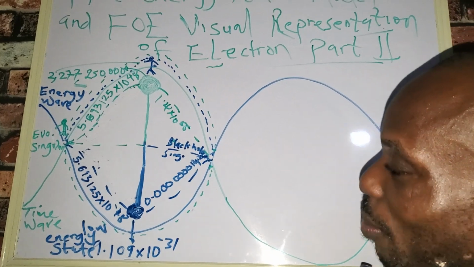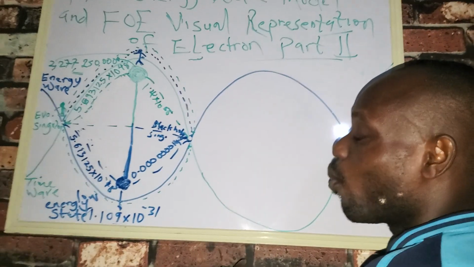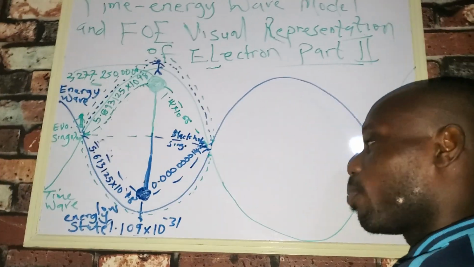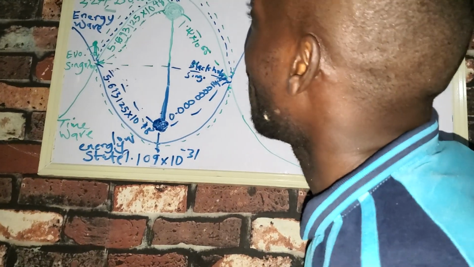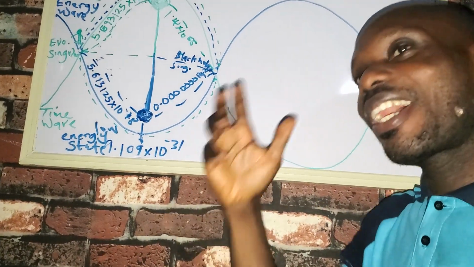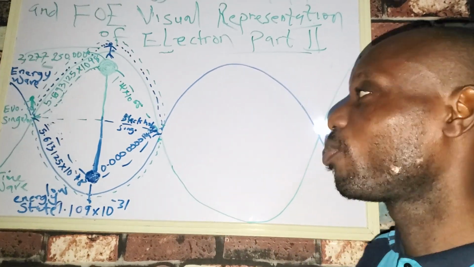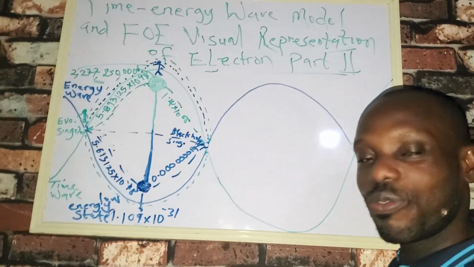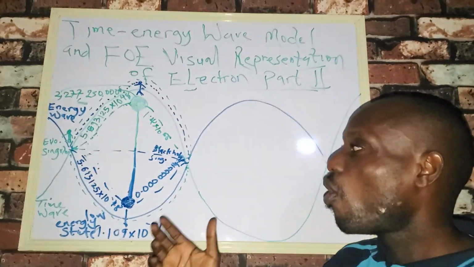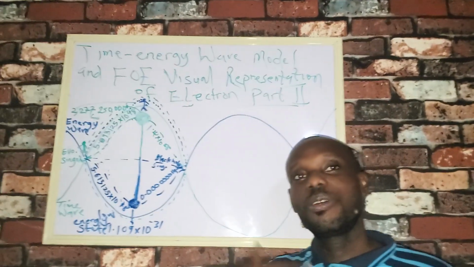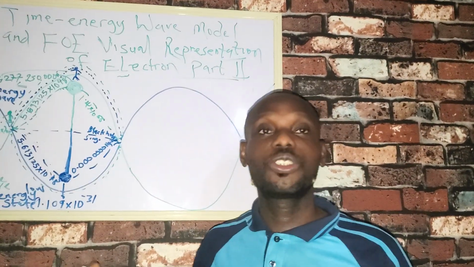The only point where we can get the real value for the electron is when it reaches the point of spontaneous symmetry breaking. So what I'm saying in essence is that the symmetrical nature of the time energy wave model, or any wave for that matter, is not a true representation of what is actually obtainable, or of what we should relate with.